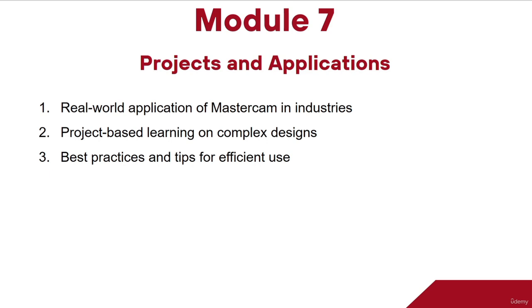We verify whether our tool is going to collide with the workpiece or any other things like the fixture. This is all done in the 6th module, which is also known as the Mastercam Simulation and Code Expert. After performing the simulation, we create a code which is going to be read by the CNC machine.